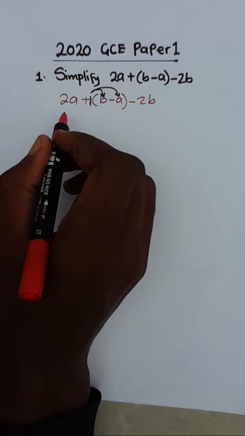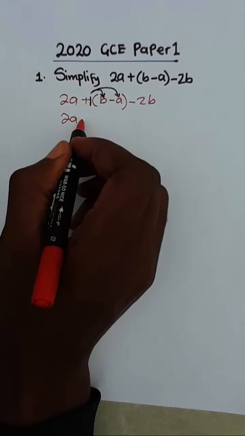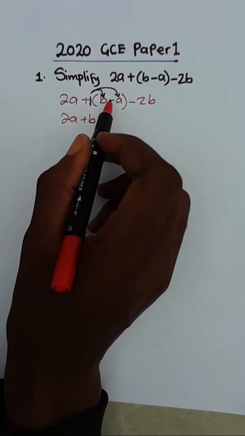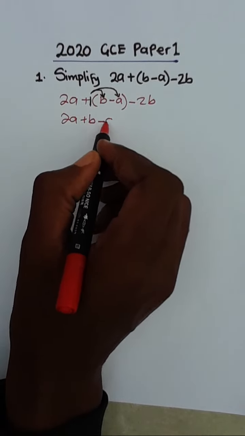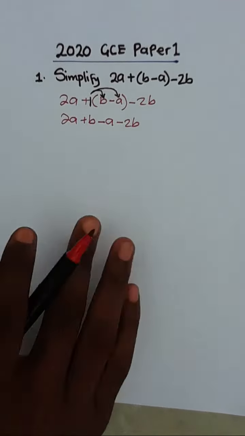So we're going to have 2a, and then positive 1 times b is positive b. Then positive 1 times negative a is negative a. Then this, which is minus 2b.